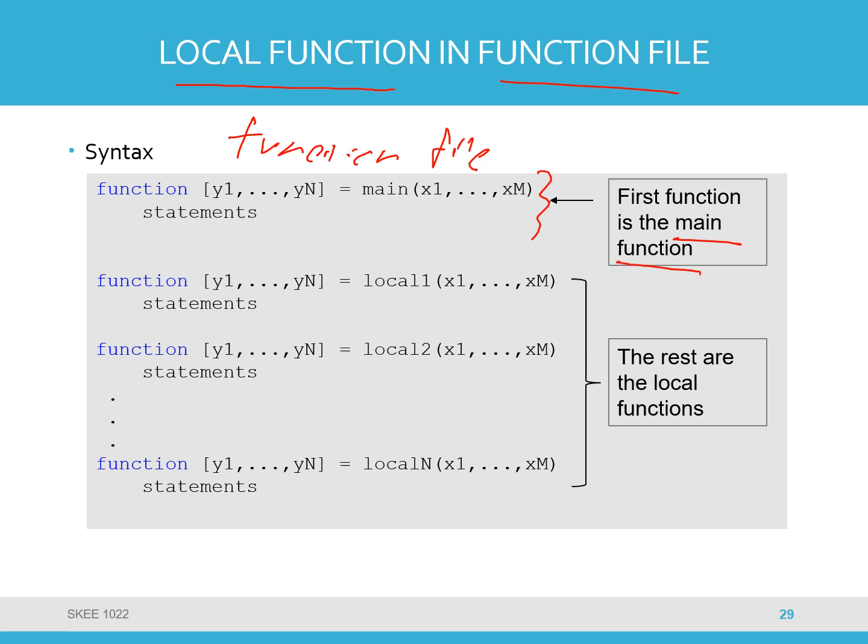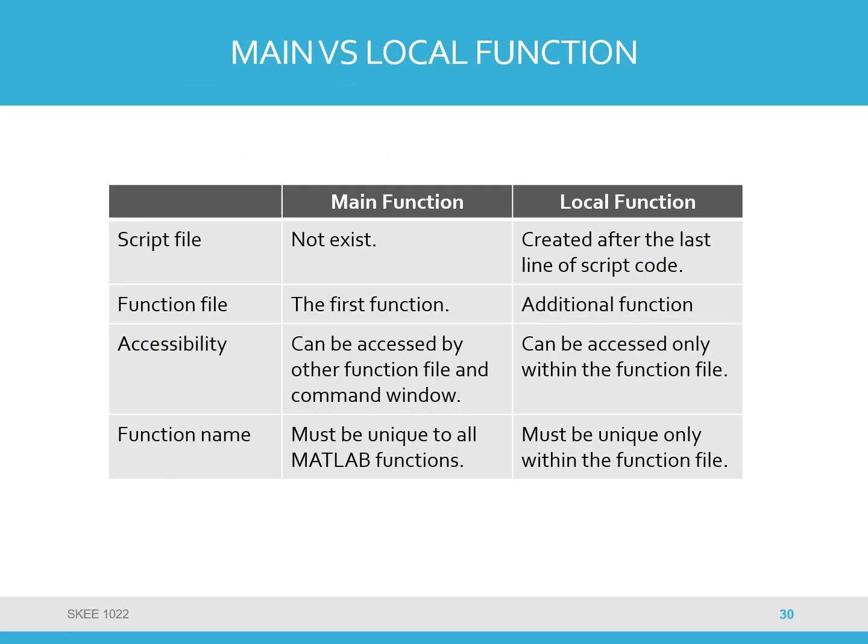As I mentioned before, you have a main function, and the others are considered local functions. So this is the main function. You have to know the difference between the main function and the local function.